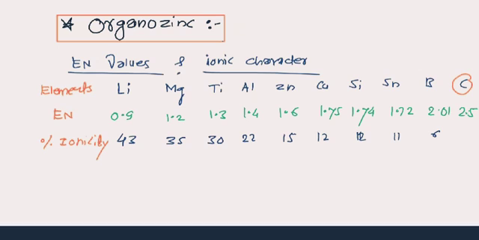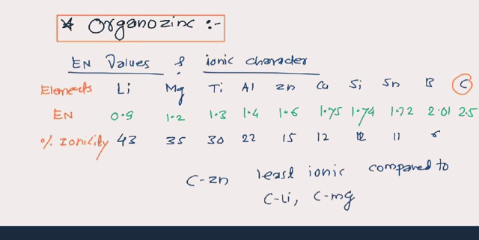Here the carbon-zinc bond is the least ionic compared to the previous organometallic compounds, compared to carbon-lithium and carbon-magnesium, and due to that lower ionicity, the ionic character for organozinc is only 15.